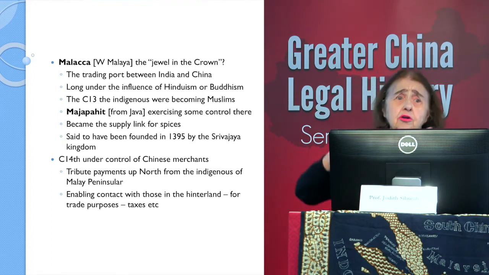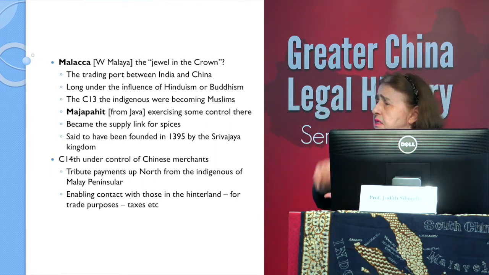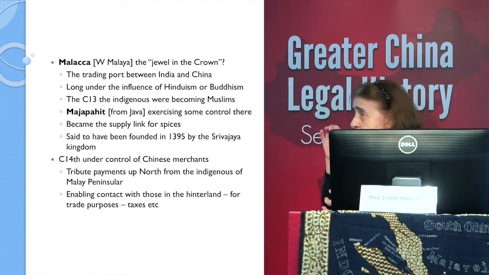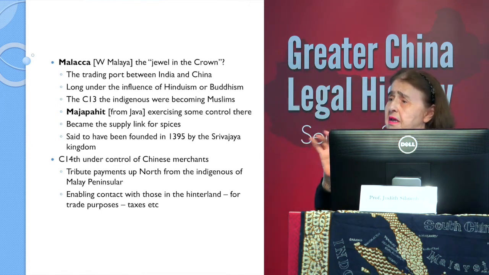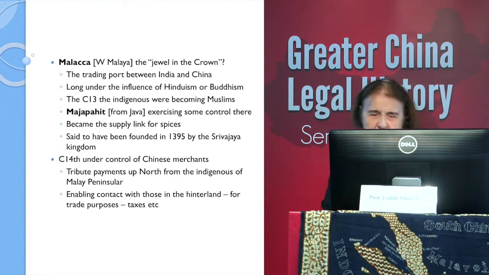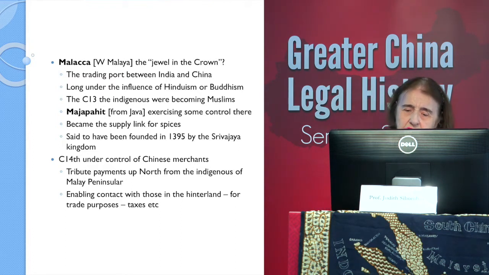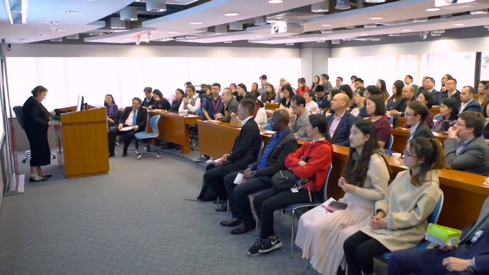Brilliant. You can see all of the influences: Chinese, Portuguese, Dutch, British, and a tiny little bit of French. Still there. You can see it through the buildings and the names. And it was founded in 1395, under control of Chinese merchants, and they were paying tribute to the emperor in China.